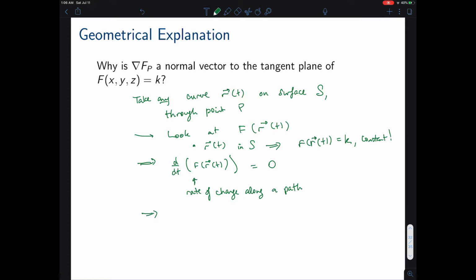The rate of change along the path is the gradient of f at that point, taking the dot product with r prime of t. And that comes out to be 0. So that means that the gradient of f is perpendicular to r prime of t.